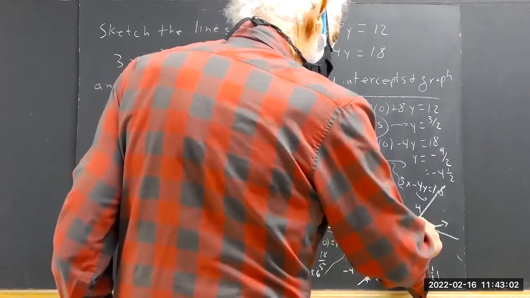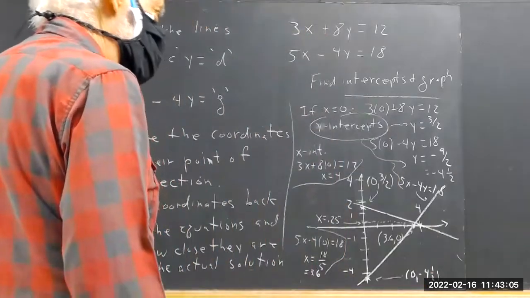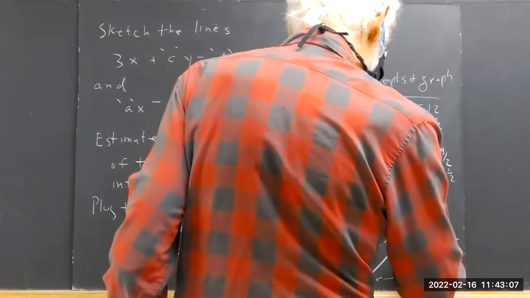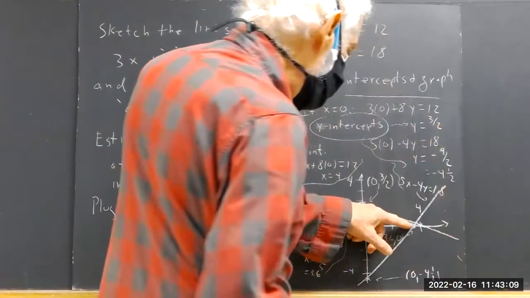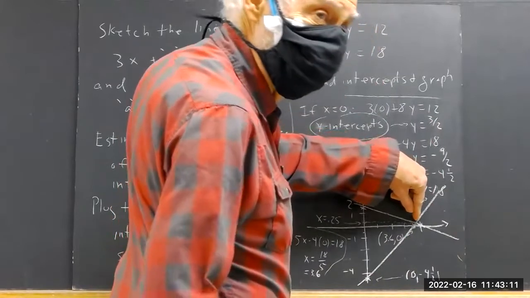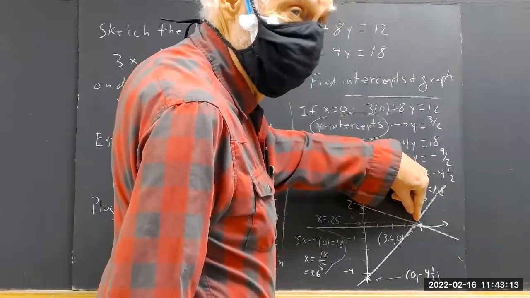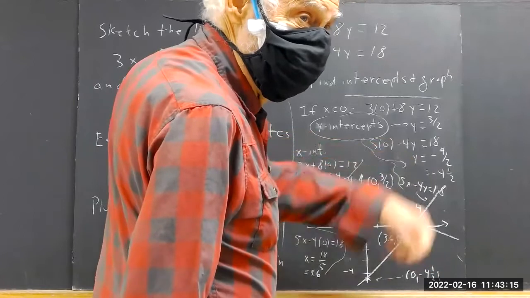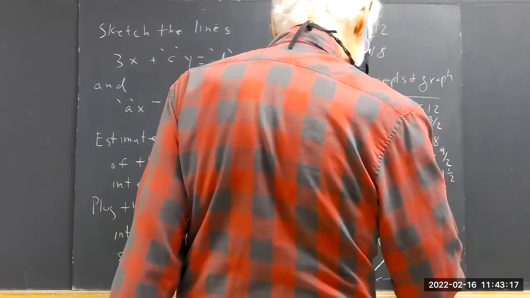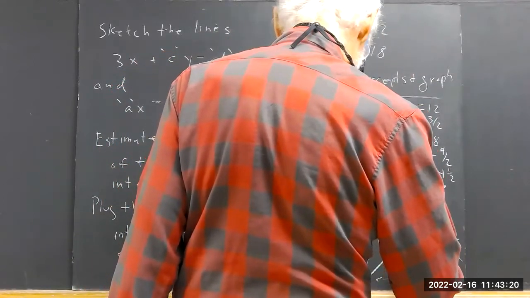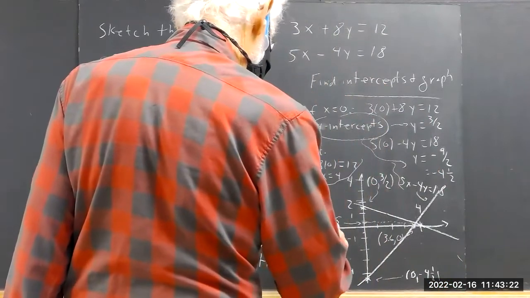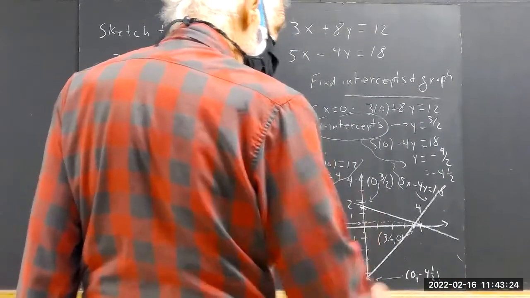So the x coordinate of this point is 0.25, and the y coordinate, well, this is 3.6. It's a little more than 3.6. Maybe it's 3.7. Maybe it's 3.8. So I'll flip a coin and say, okay, 3.7. That's at x of 0.25. This is y, obviously, it's on the y-axis.